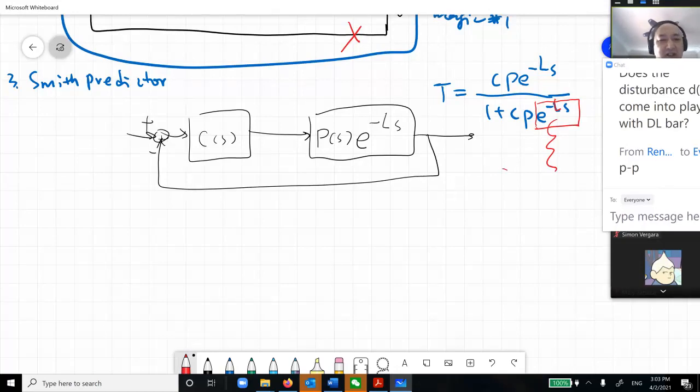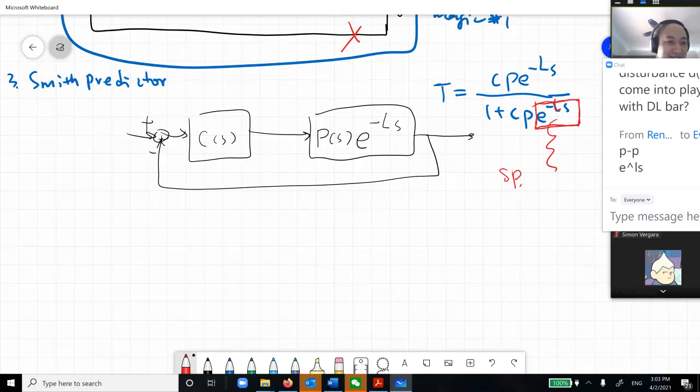That is exactly called Smith's predictor. You can literally remove this term from your loop. Wow, this is magic number 2. I'm showing you how to do it, called Smith's predictor based control. We can remove this thing out of it.